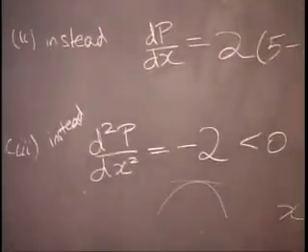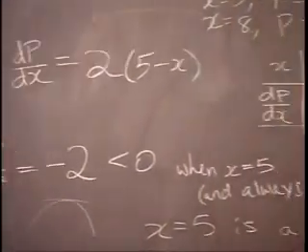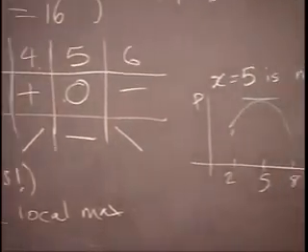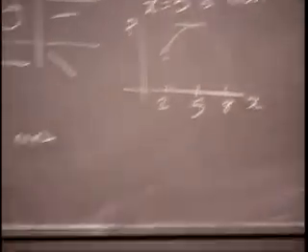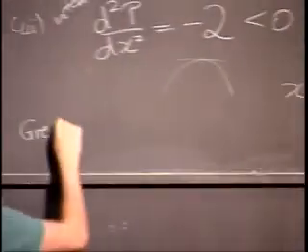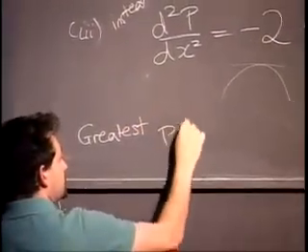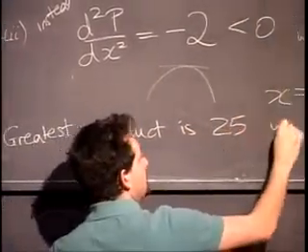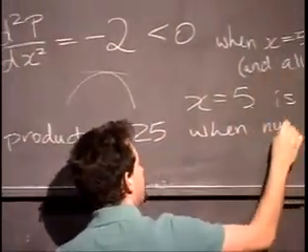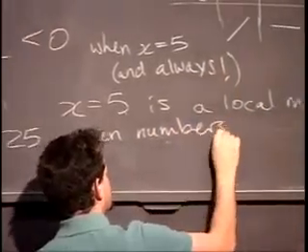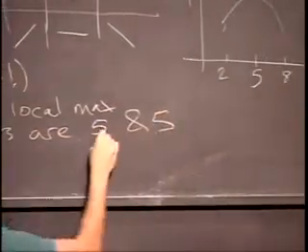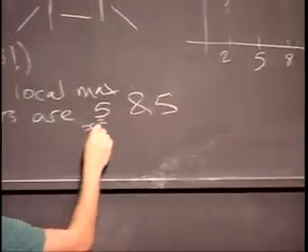Anyway, we have finished the problem, except that we ought to write a summary. We know that the maximum occurs, so the greatest product is 25 when the numbers are 5 and 5. Of course, x equals 5 here.